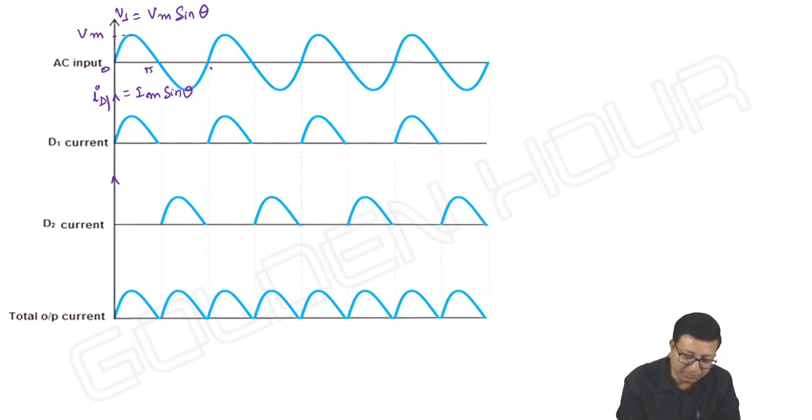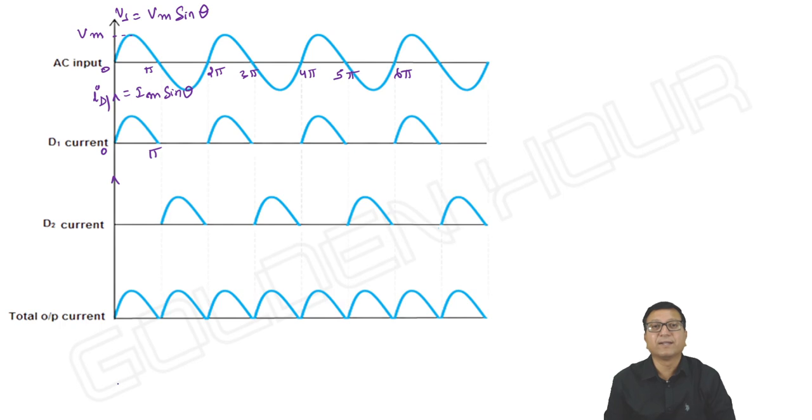The period means 0, pi, 2 pi, 3 pi, 4 pi, 5 pi, etc. It is from 0 to pi, means during positive cycles of the secondary voltage. What about ID2? ID2 is equal to 0 from 0 to pi.